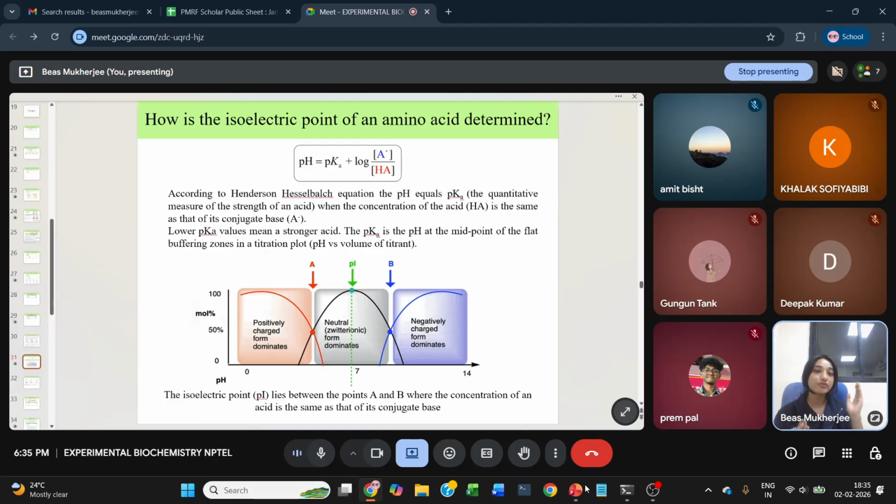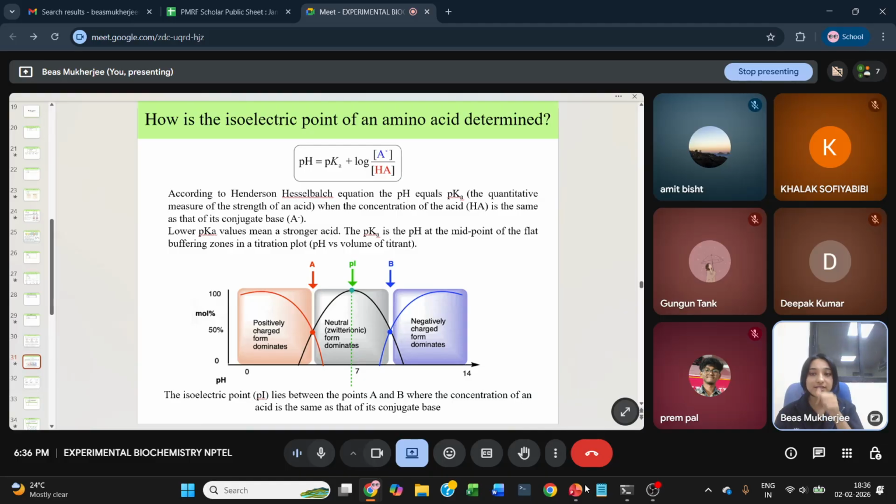That much we know from a previous class. Now lower pKa values mean that it is a stronger acid, and the pKa is the pH at the midpoint of the flat buffering zones in a titration plot, or pH versus volume of titrant.